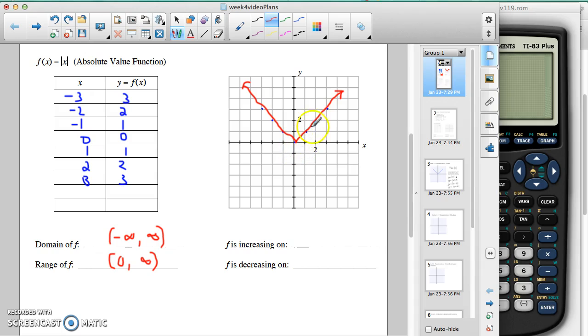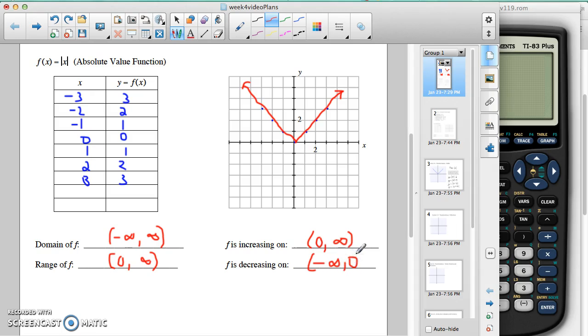So this is the increasing part of the graph. We'd say it increases from 0, which we don't include because it doesn't look like it's increasing or decreasing at 0, and it goes up as it goes to the right. So it's 0 to infinity, and it's decreasing on -infinity to 0.